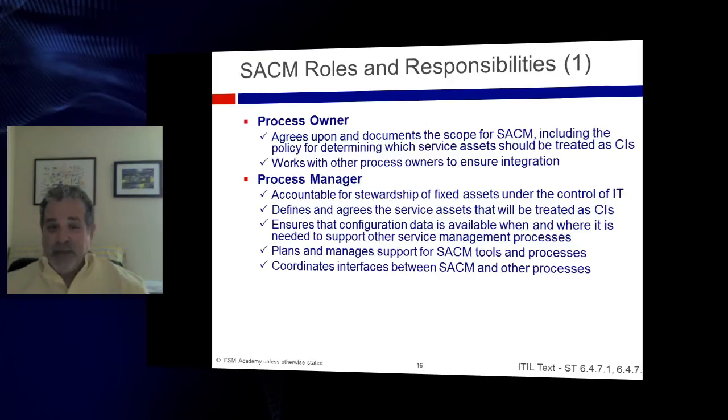The process manager is accountable for those fixed assets that are under the control of IT. They're going to make sure that they're well defined, that the configuration data is available where it's needed, and that it's supporting those other service management processes.